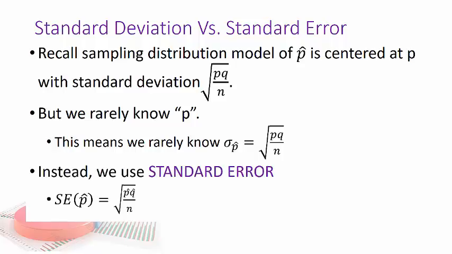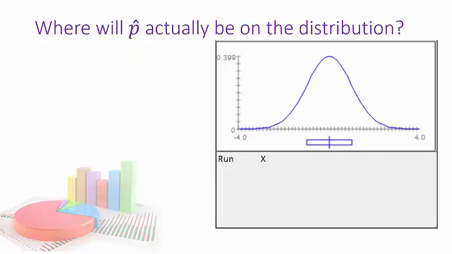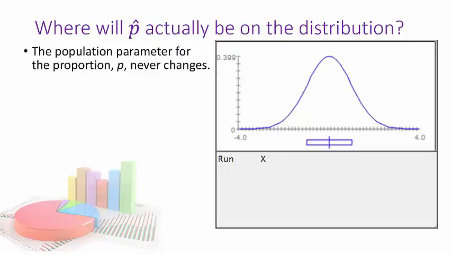Now we're going to use what's called the standard error because we're going to use our sample values for p and q to determine the theoretical standard error. So one thing we're going to look at is where will p hat actually be on the distribution. Remember, the population parameter for the proportion, p, never changes.